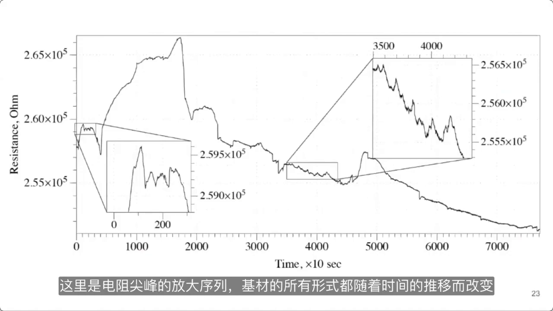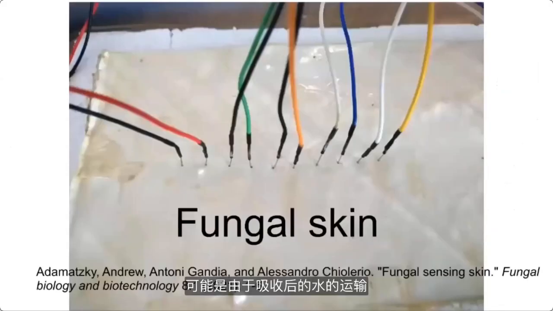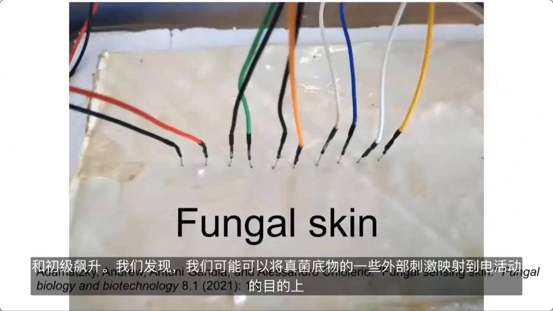So the resistance of the fungal substrate changes over time, probably due to transportation of water. After observing endogenous spiking and resistive spiking, we saw that possibly we can map external stimuli, when we stimulate fungal substrates, to patterns of electrical activity.